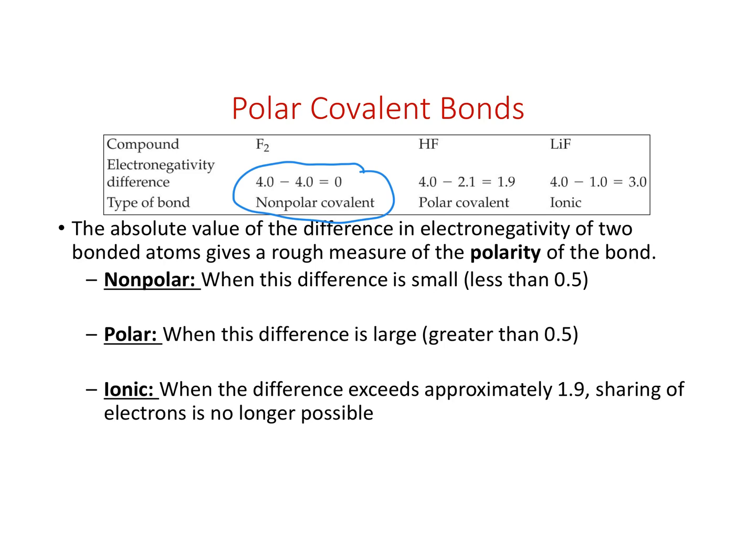And then beyond that, if I have a difference of larger than 1.9 between the atoms that I'm putting together, I'm no longer a covalent bond. I can no longer share those electrons. I'm going to have a transfer of electrons, and that would be an ionic bond. So anything greater than 1.9 would be an ionic bond.